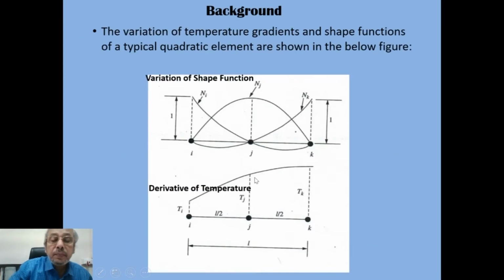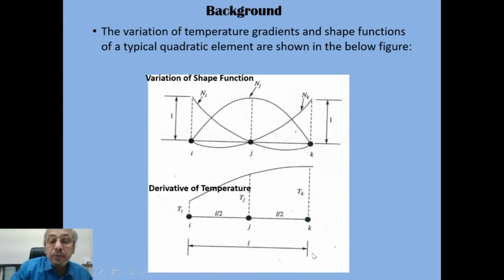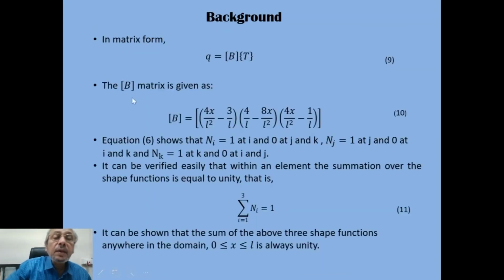And dT/dx we have seen, this is dNi/dx into Ti, dNj/dx into Tj, dNk/dx into Tk, that we have plotted.